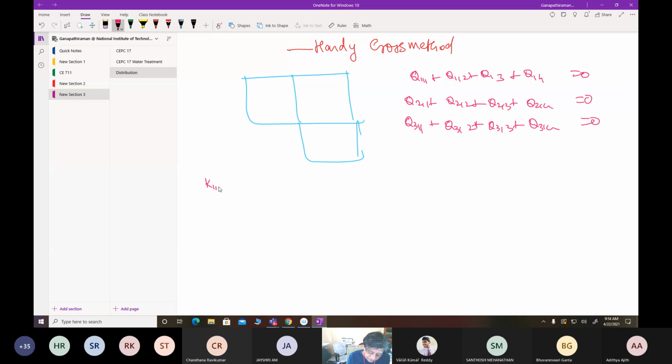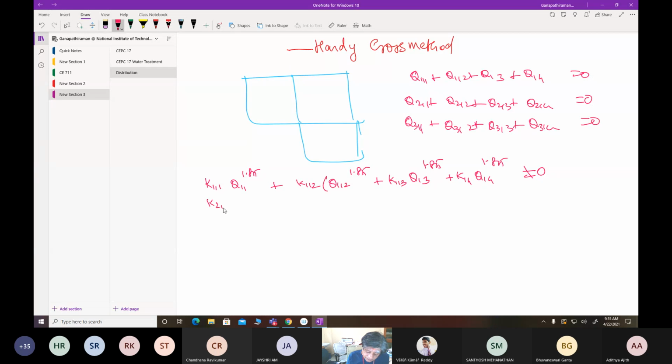So K11 Q11 to power 1.85 plus K12 Q12 to power 1.85 plus K13 Q13 to power 1.85 plus K14 Q14 to power 1.85 is not equal to 0.